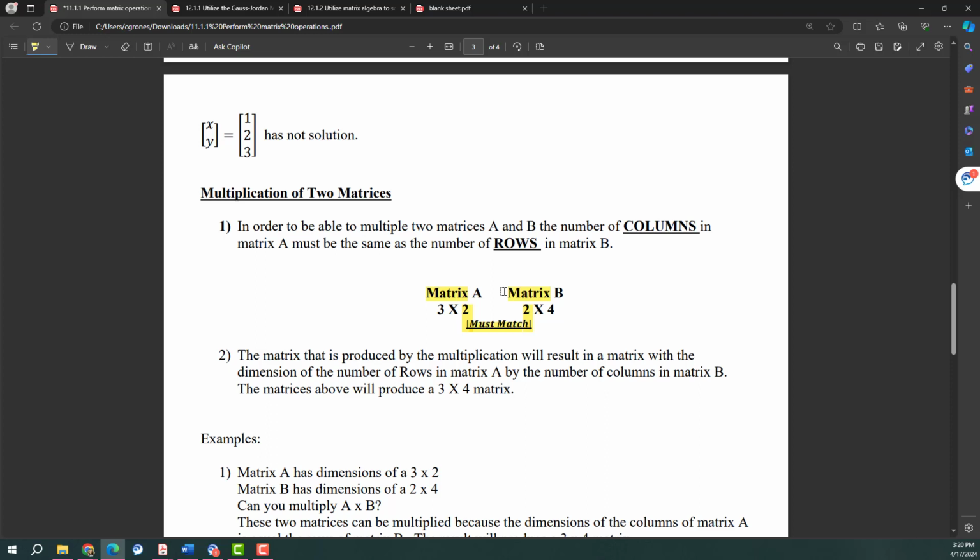And then the second one, matrix B, has 2 rows and 4 columns. So the number of columns in our first matrix must match the number of rows in our second matrix. So the columns in matrix A must be the same as the number of rows.